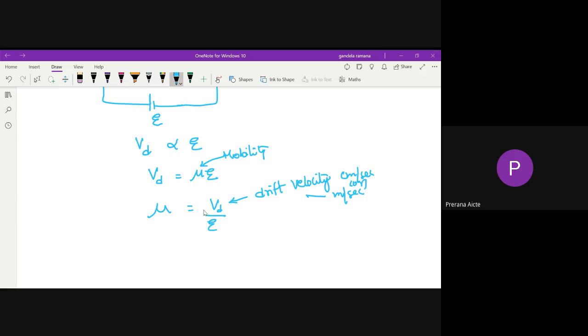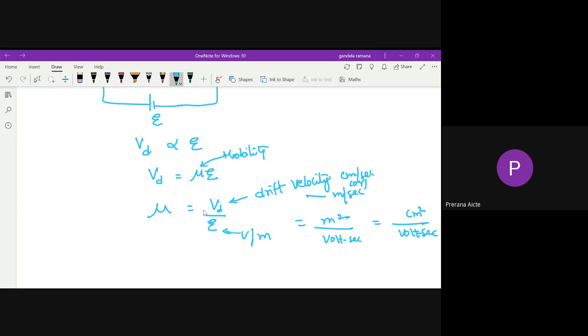Electrical intensity is in volt per meter. So what are the units for mobility? Meter square by volt second, or centimeter square by volt second. So these are the units.